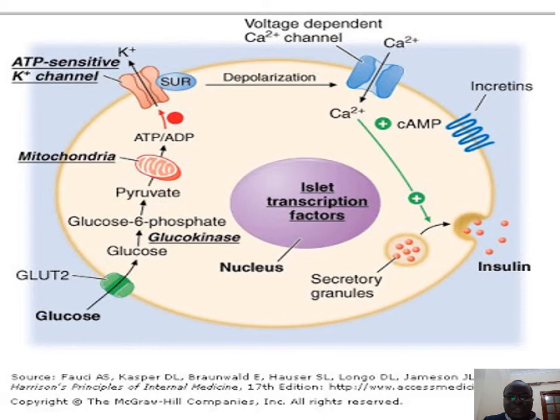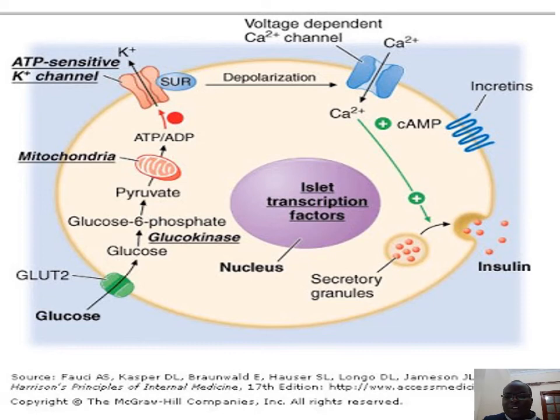If you have an increase in ATP, it will cause closure of ATP sensitive potassium channels, blocking the leakage of potassium. An increase in the potassium concentration will cause depolarization, opening the voltage dependent calcium channels.